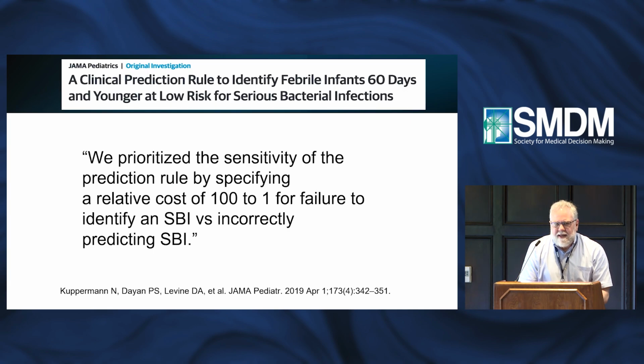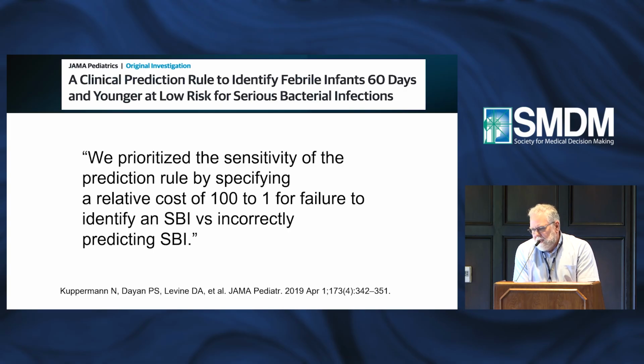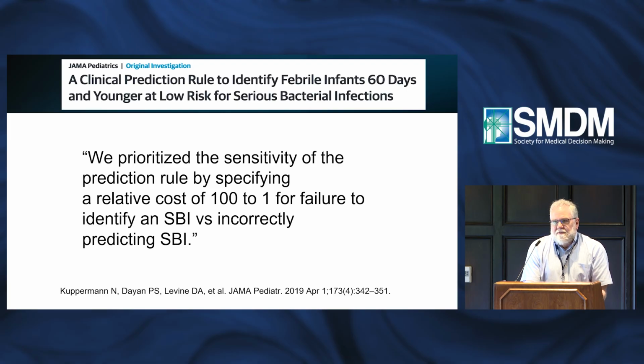So going back to that landmark paper from the Pecarn group, buried in the methods section, indeed, there's a quote: "We prioritize the sensitivity of the prediction rule by specifying a relative cost of 100 to 1 for failure to identify an SPI versus incorrectly predicting SPI." Many of you probably know how to do that in a thoughtful way. This was just, it's sort of reasonable.